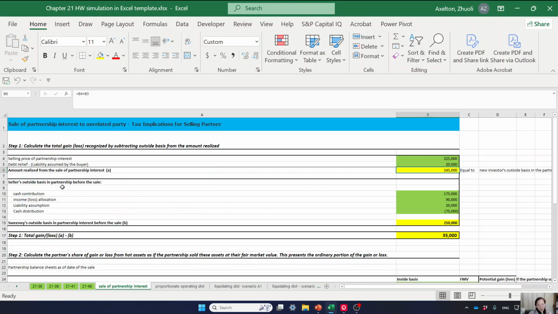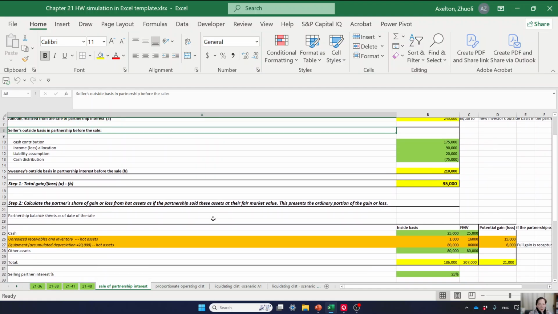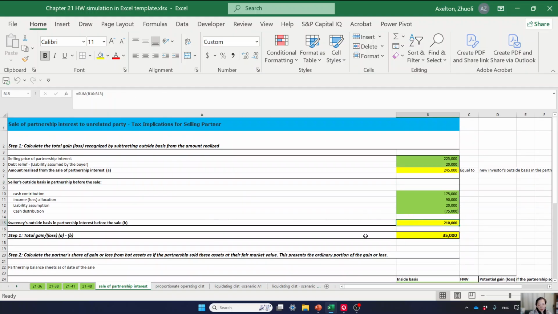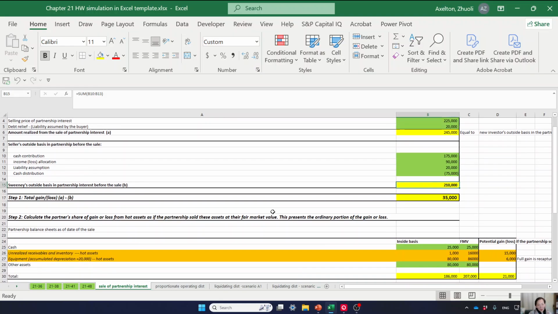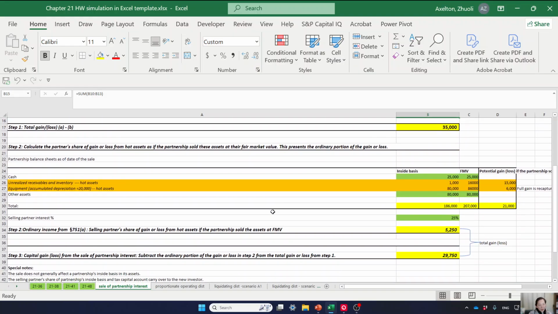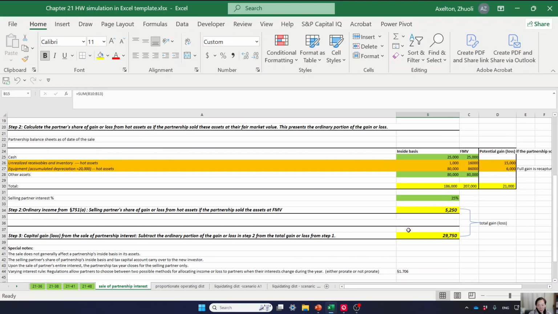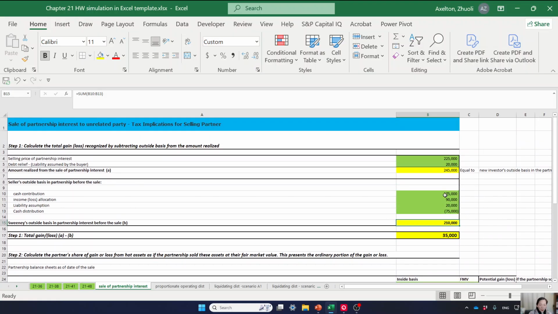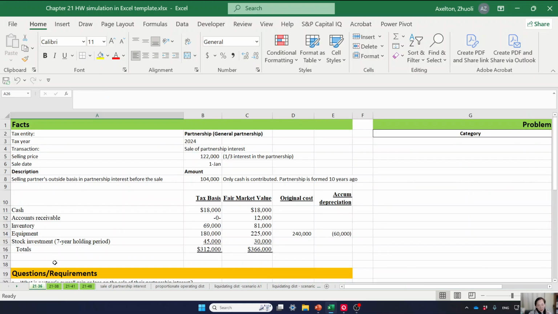For instance, a lot of times they will just give you the outside basis before the sale, but this expands the calculation a little bit more and shows you all the elements involved. The steps are laid out to show you the logical flow of the calculation. So take a look and see whether this will help you solve problems 36 and 38.